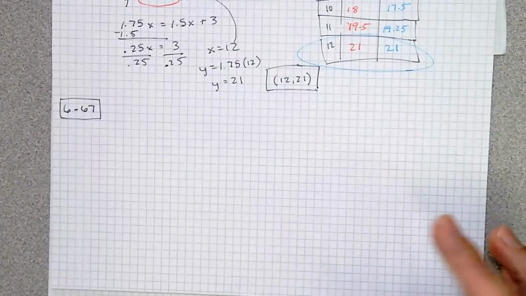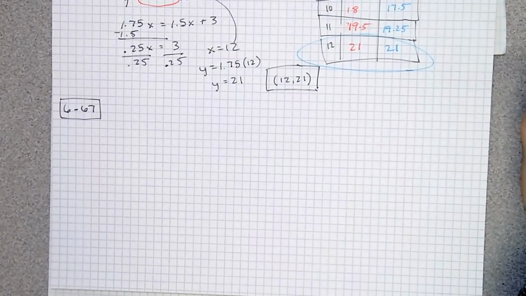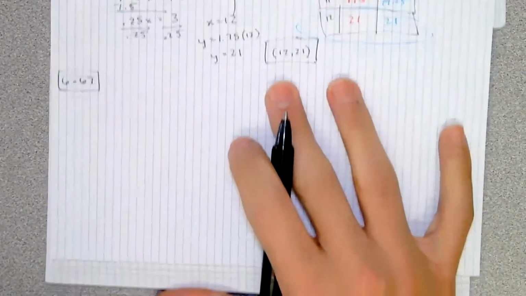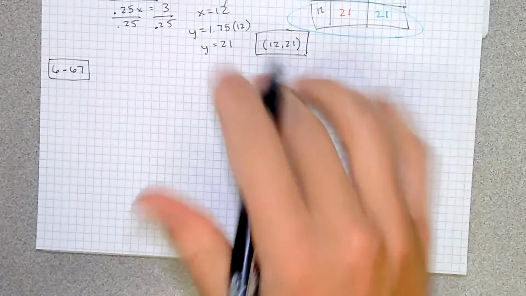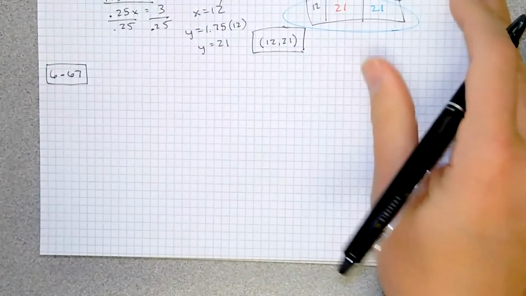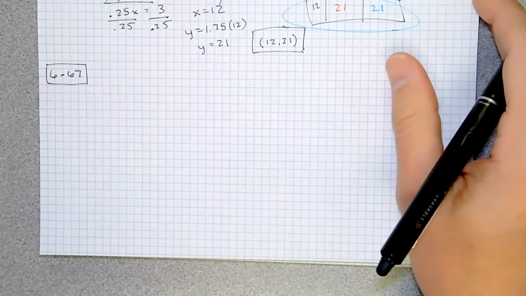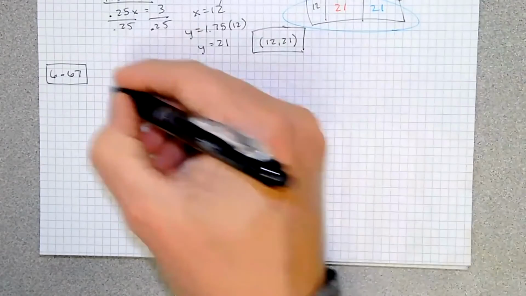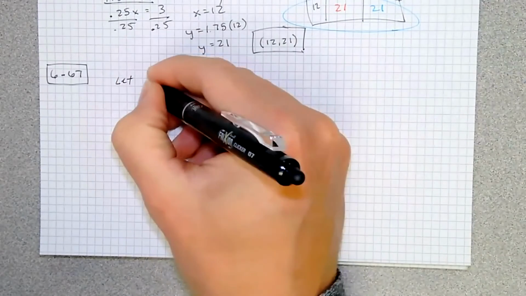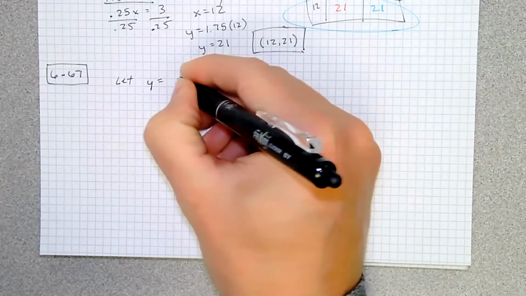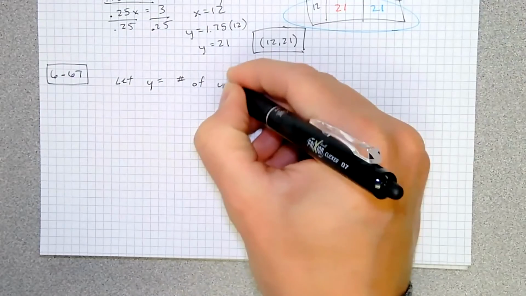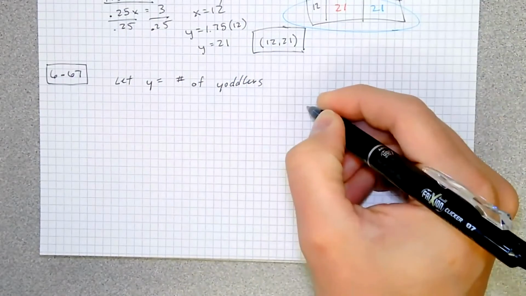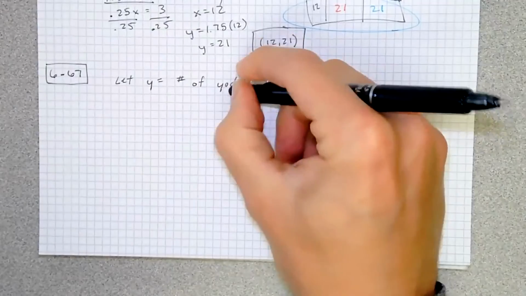Okay, first one should be the money one, which is fairly easy, I think. How can we represent the money? It says the gondola conductor charges $2 for each yodeler, $1 for each xylophone. So actually, before I do that, we're going to represent our variables. So we're going to let y equal the number of yodelers.